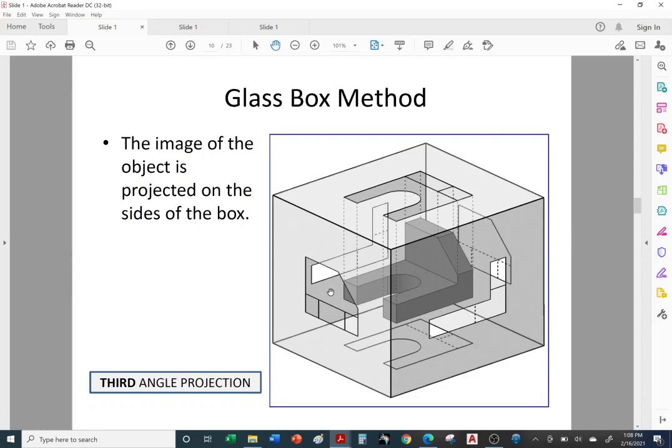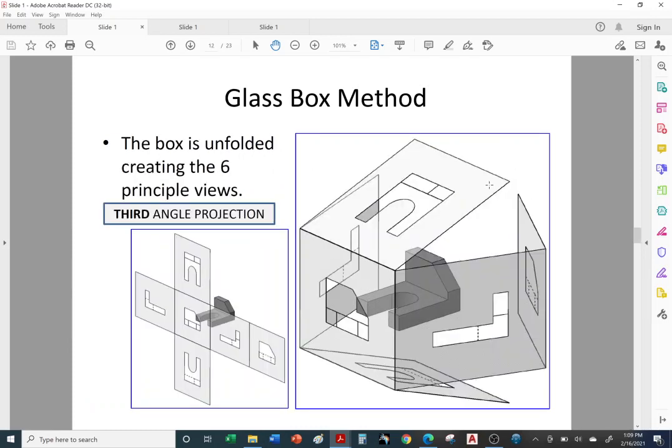So this view would go back here, this right side view would go the other side, and so on. The views get projected in the opposite direction. And when you open the glass box, you would actually hold on to this panel and open the glass with respect to this fixed panel. Okay, so we do not cover first angle. Let's move on.